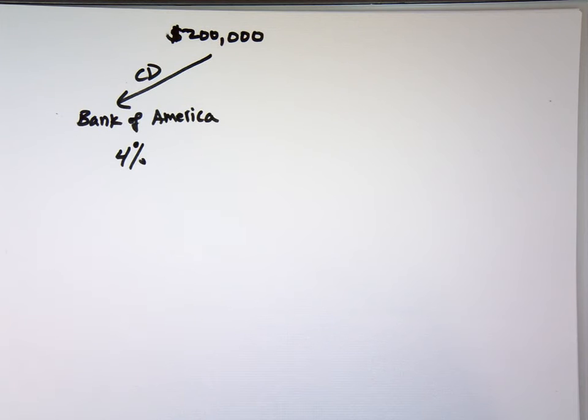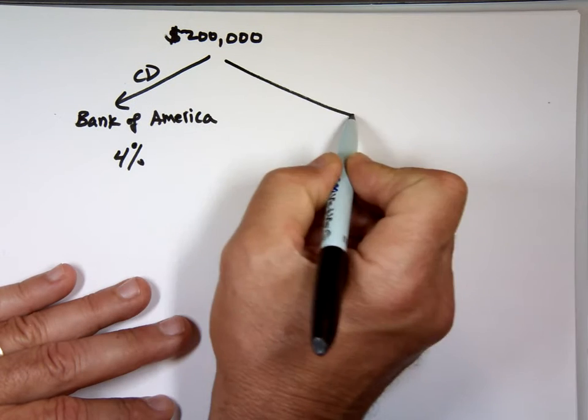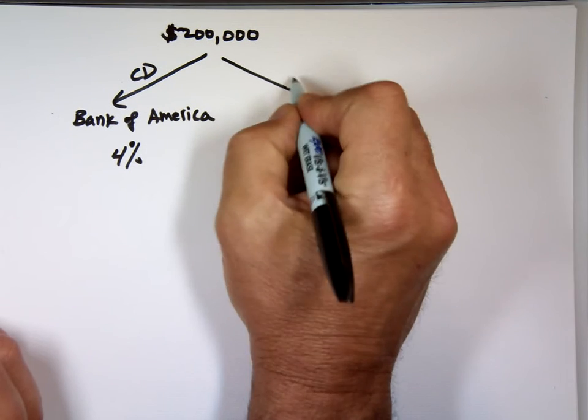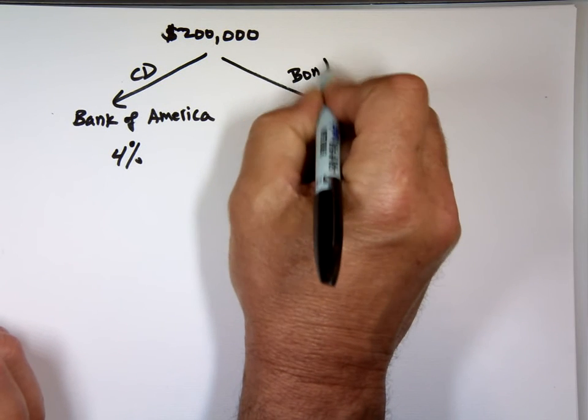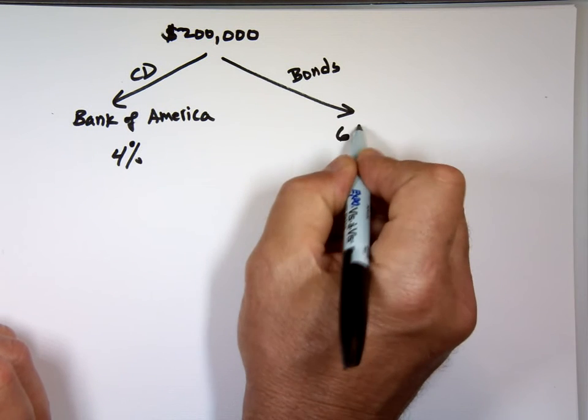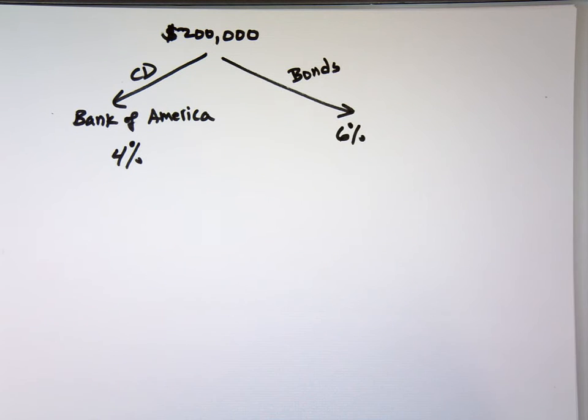And the other portion of that money, I'm going to put in bonds, U.S. bonds here. And let's say this one gives 6%. Now, usually people say, well, if you're getting 6%, why would you put any at 4%?